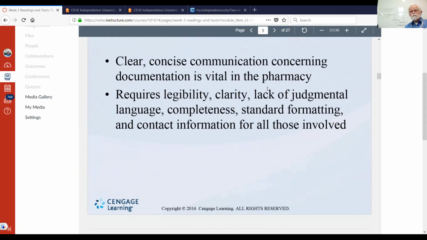Documentation now is mostly in computers. It used to be that doctors would handwrite their notes, and a medical transcriptionist would then type them up. Then doctors started dictating their notes, and a medical transcriptionist would type them up. Now everything is on a computer. When I go in for my annual physical, in walks the RN that works with my physician with a laptop.